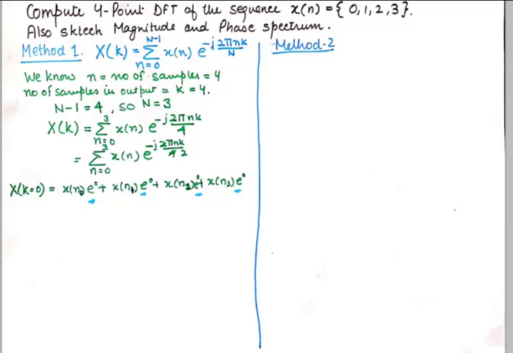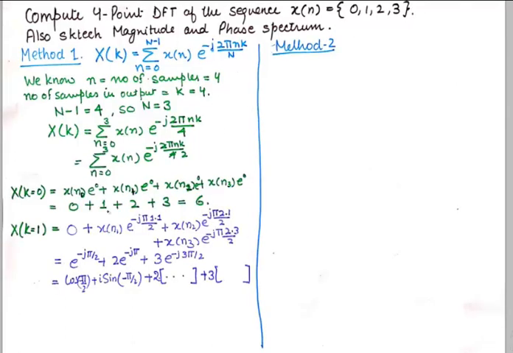And of course when we open this summation, we get x of n at 0, x of n at 1, x of n at 2, x of n at 3 multiplied by e raised to the power 0, which will be x of n at 0 is 0, x of n at 1 is 1, and this is 2, and this is 3, all multiplied by 1. So this is going to be added. So this will result in summation of all the samples. So the value becomes 6.